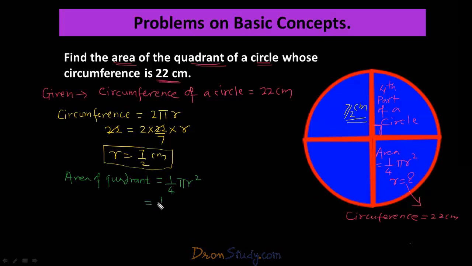So which is equal to 1/4 into 22 by 7 into r, which is 7 by 2, into 7 by 2. 7 will get cancelled, 2 1s are 2, 2 11s are 22, so which is equal to 11 7s are 77 upon 4 2s are 8, and this is equal to 9.625 square centimeter.